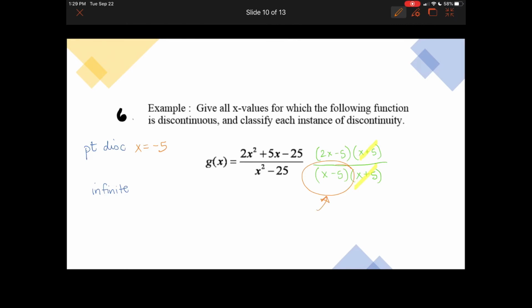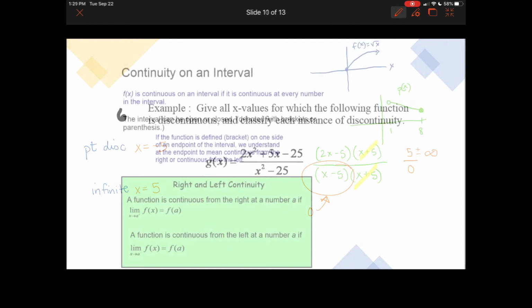When this becomes 0, we're left with infinite discontinuity. And our infinite discontinuity would occur when x is 5. Remembering that if we were to plug in 5, we would end up with 10 minus 5 in the numerator, 0 in the denominator, and we already learned that that's going to approach one of those infinities, so we know that gives us infinite discontinuity.